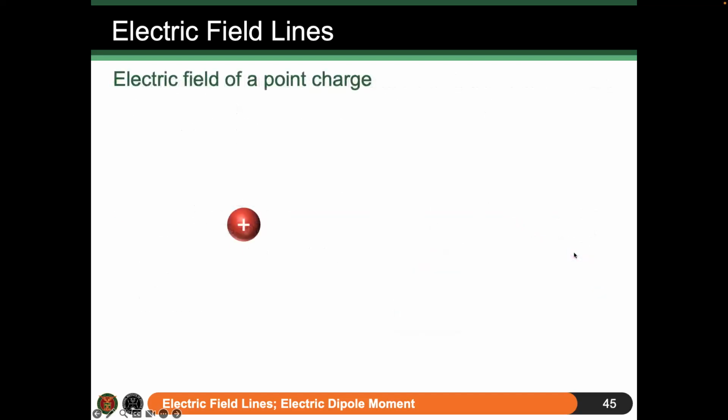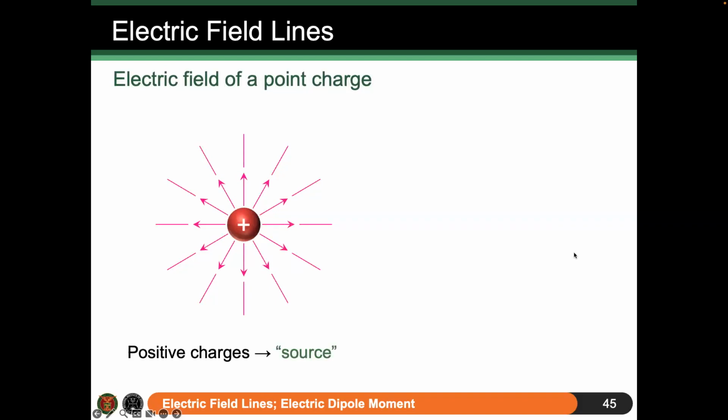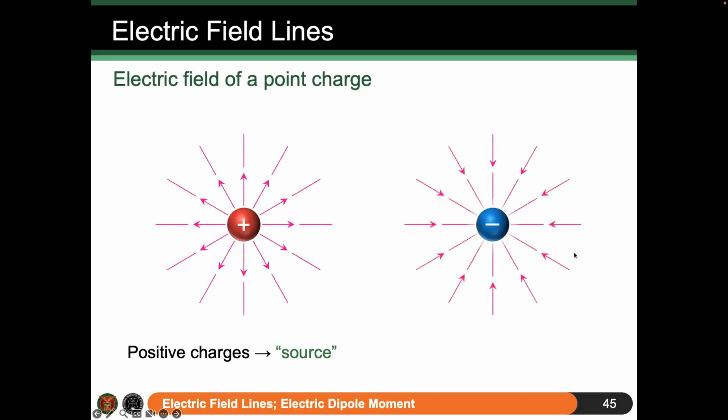So what is the electric field of a point charge? So again, kung point charge, radiating outwards yung electric field lines. So positive charges act like a source for electric field lines. Okay. While negative charges act like a sink of field lines. Kasi nga, papasok sa kanya yung electric field.